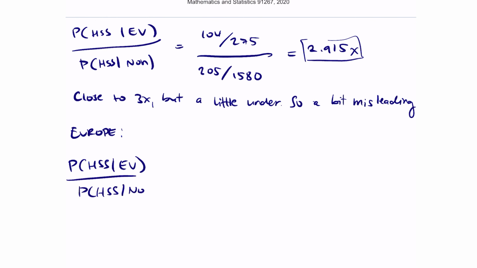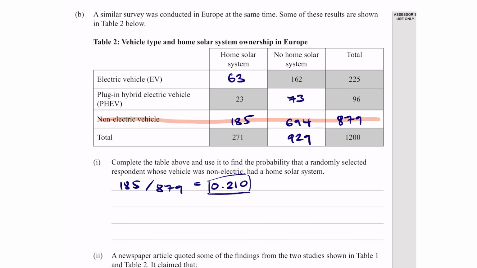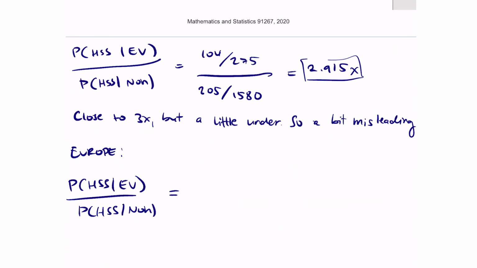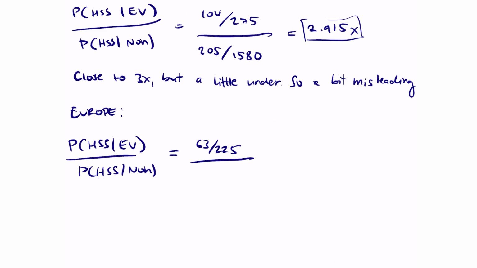So given non. So if we look here, what's the probability of having an EV and then home solar system? 63 out of 225 over 271 over 1200.